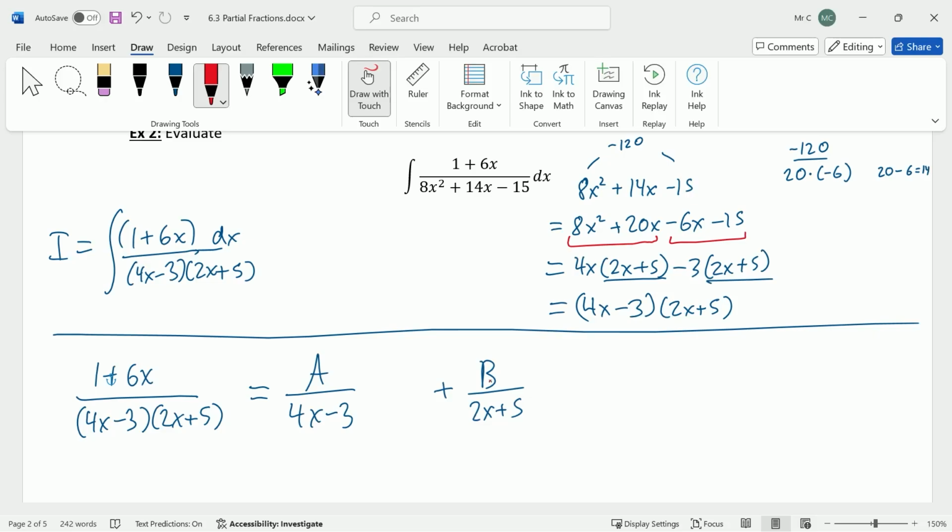Now, what I'm going to do is find a common denominator here, 2x plus 5. And over here, I'm missing the 4x minus 3.